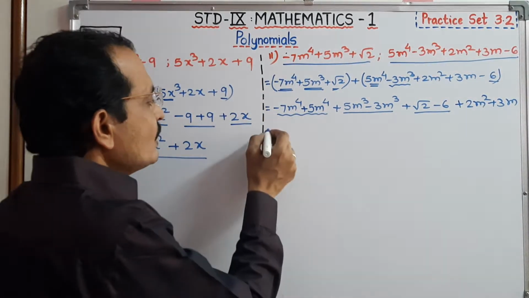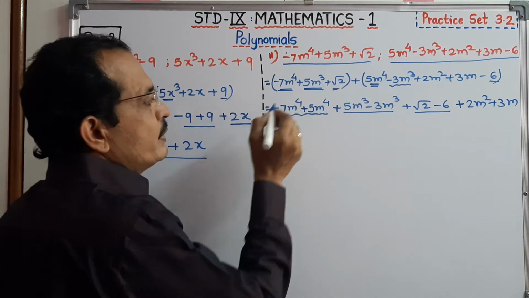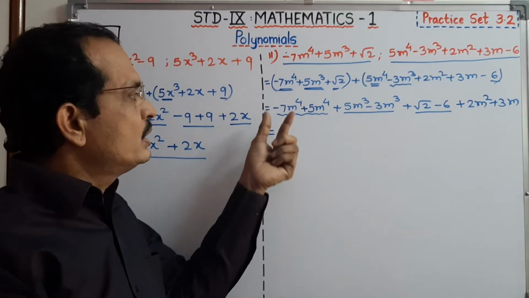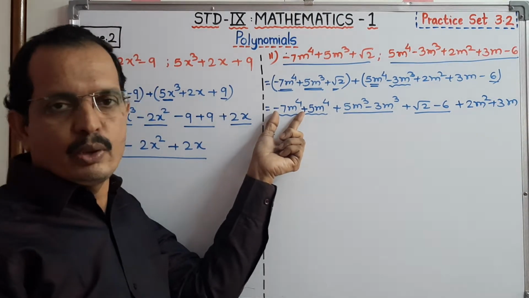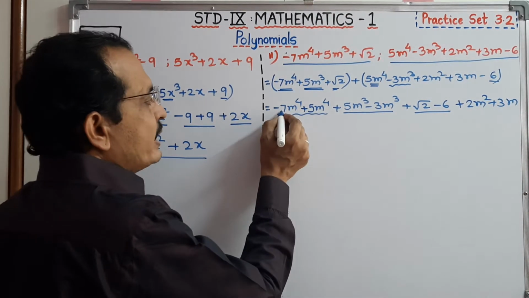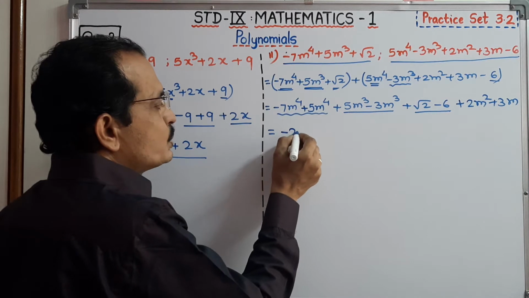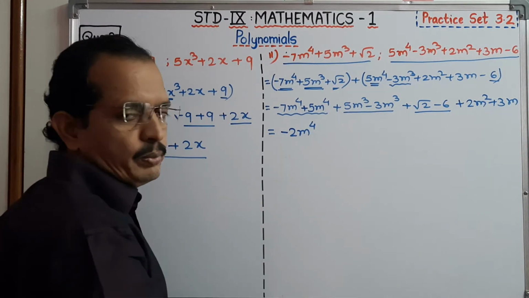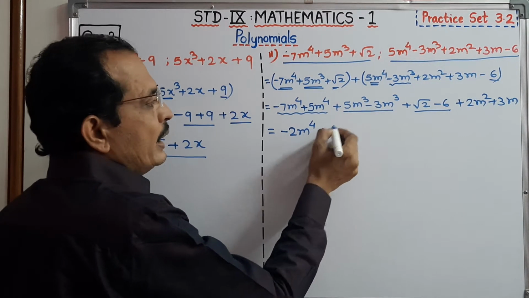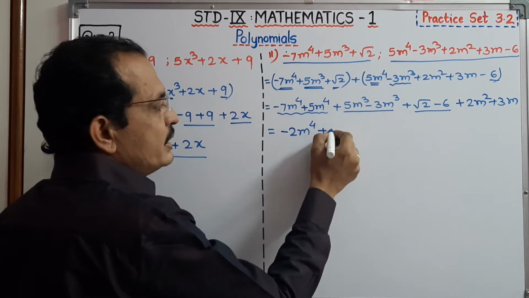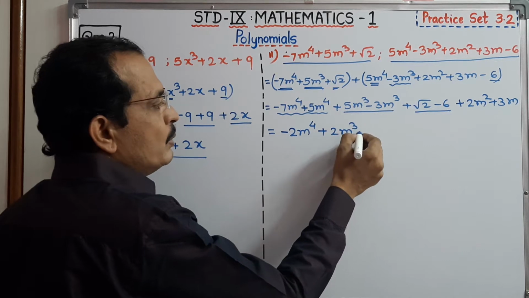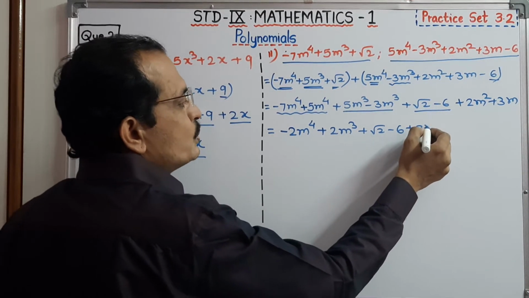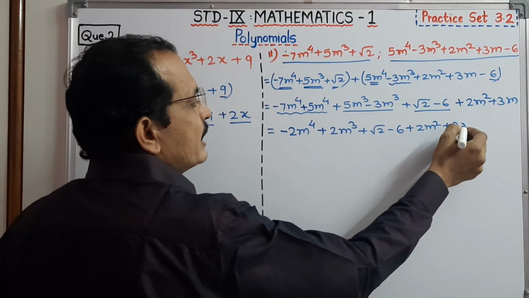Now see here, minus 7m raised to 4 plus 5m raised to 4. Both have different signs, so we have to make the subtraction. Minus 7 plus 5 is minus 2m raised to 4. 5m cube minus 3m cube, that is 5 minus 3, it is 2m cube, plus root 2 minus 6 plus 2m square plus 3m.